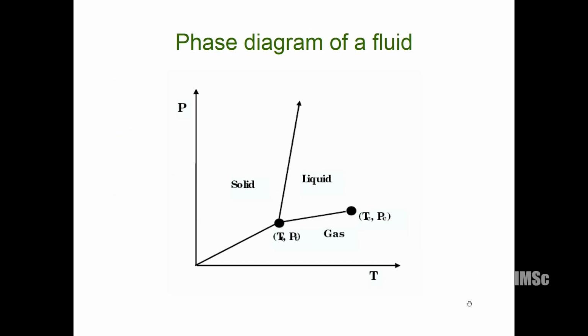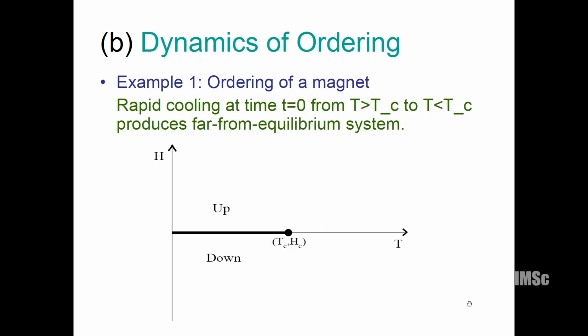So now you know the basic problem: you have an equilibrium phase diagram and you quench from one region to another region and ask how the system evolves to its preferred new phase. It's a very universal problem in physics, especially in the context of phase transitions, which occur in all kinds of systems.